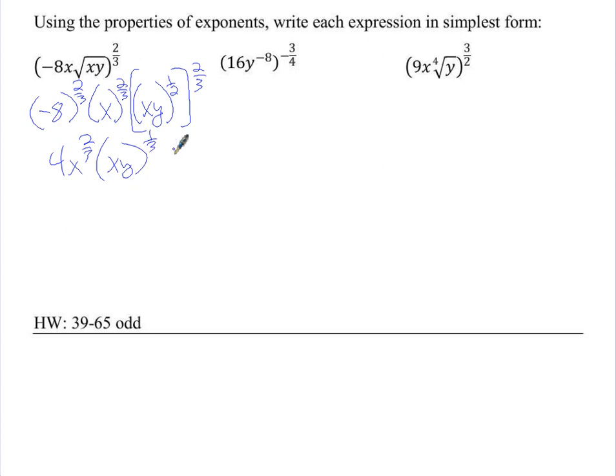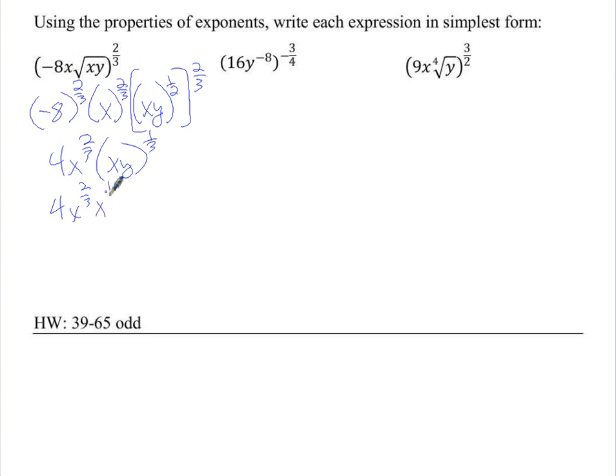And now the question is, are we done? No, sir. No, because we have more like bases that we can combine. This is 2 bases to a power here. So we continue. 4x to the 2/3 times what?